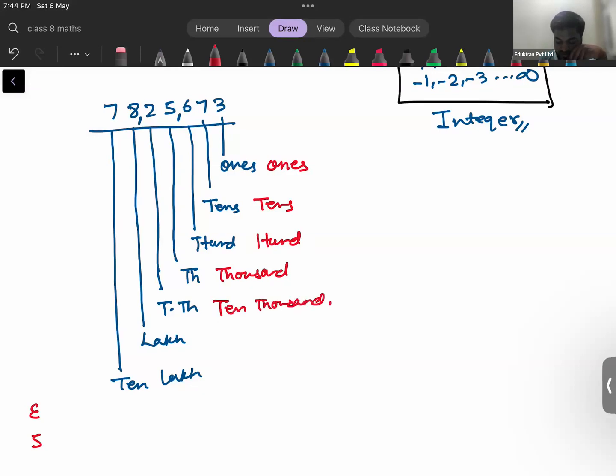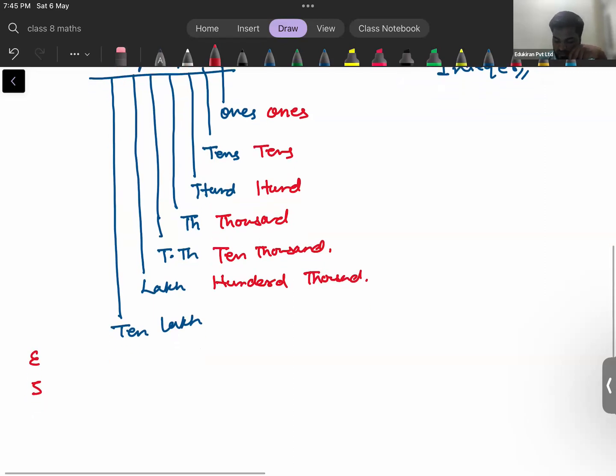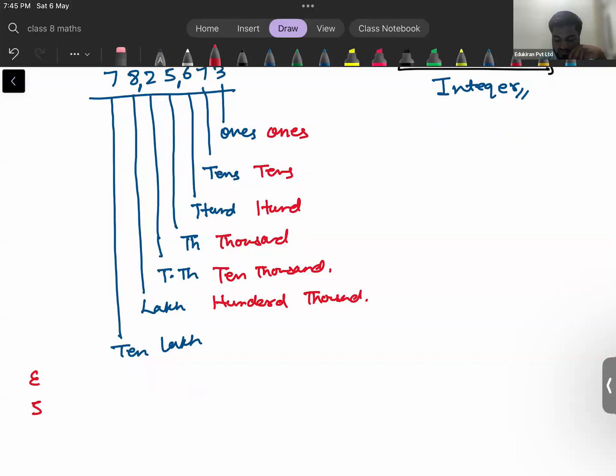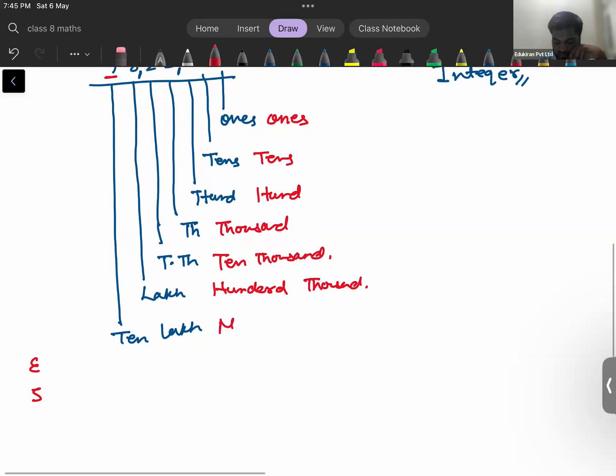Now here's the catch. Instead of assigning the lakh position to 8, you will call it 100,000, right? And what about 7? Million. It will be million, right?